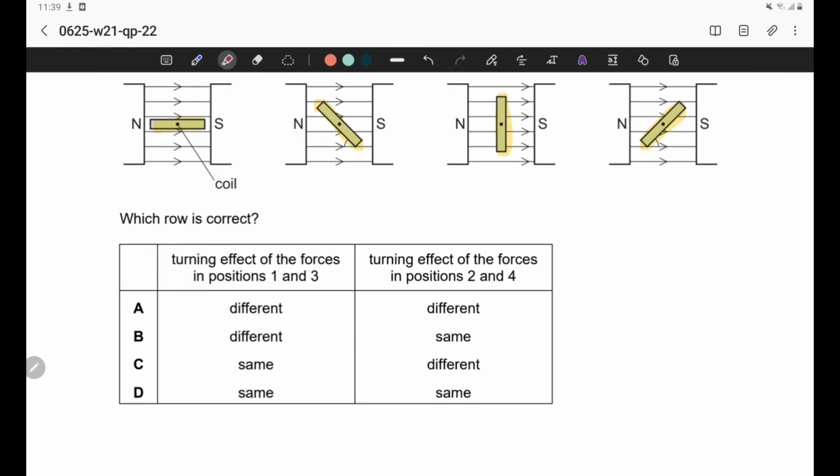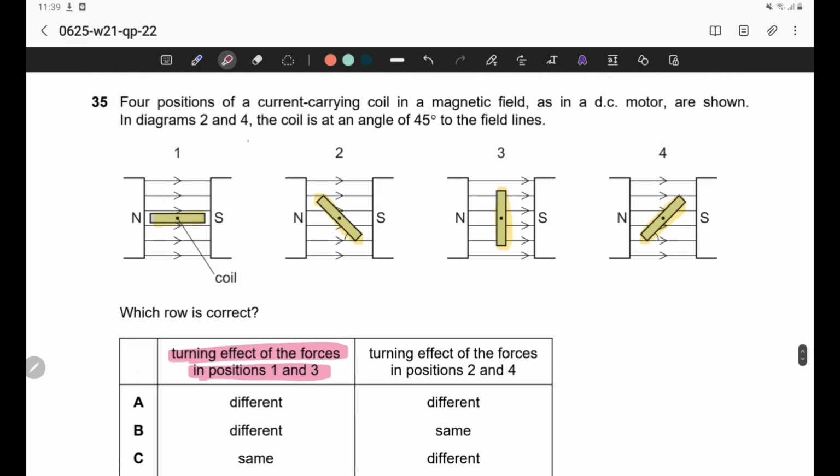First statement is about the turning effect of the force in position 1 and 3. So we can check position 1 and 3. In 1, the current carrying conductor and magnetic field both are parallel to each other. But in 3, we can see that the current carrying conductor is kept perpendicular, or at 90 degree, to the magnetic field.